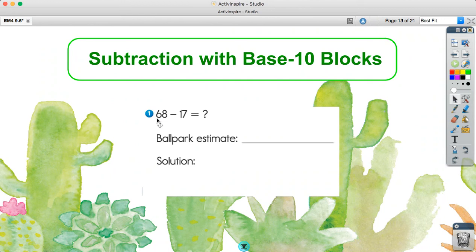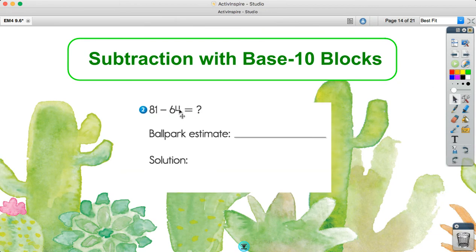Number 1, 68 minus 17. Start by making your ballpark estimate and show your solution using base 10 shorthand. Please pause the video at any time. Number 2, 81 minus 64. Be sure to write your ballpark estimate and solve using base 10 shorthand.